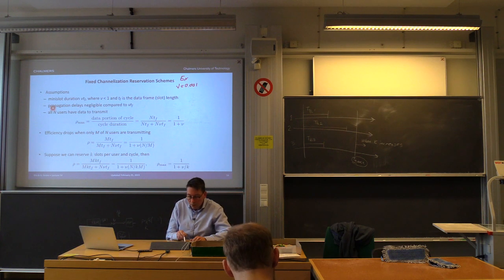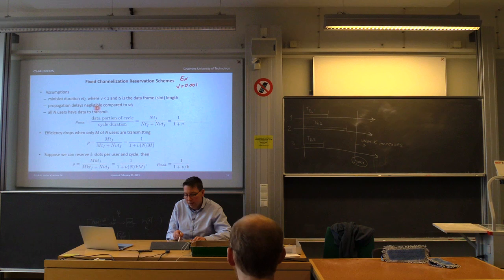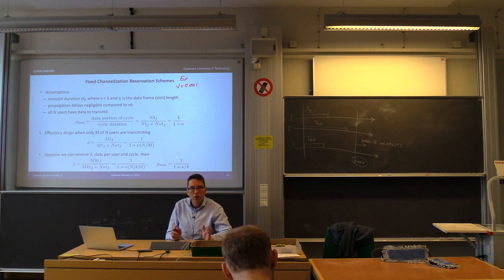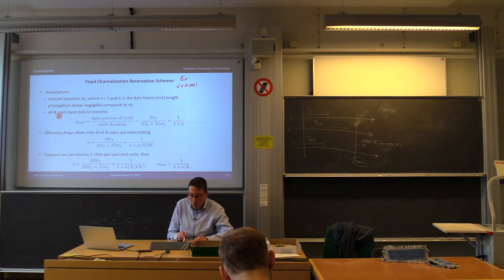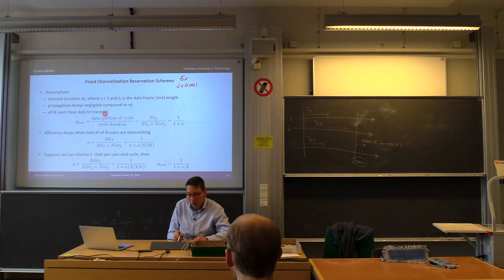Then if we assume that the propagation delays are negligible compared with nu times TF, there is no need for guard intervals here, so we ignore those. Then if all end users have data to transmit, this gives us the maximum rho we can support with this system. And the maximum rho, what is that?